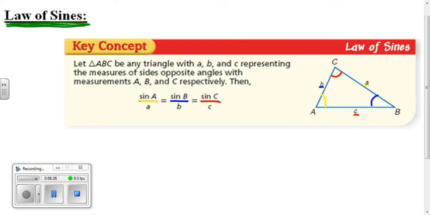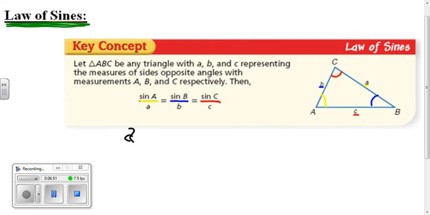Now the cool thing about this is, if you don't know angle C or leg c, you don't need that. You just need the sine A over a and or the sine B over b. So we can use all of them. We can use just two of them. You really only need two of the fractions to work with. And technically, because they are all going to be proportional, you could say these flipped around as well.